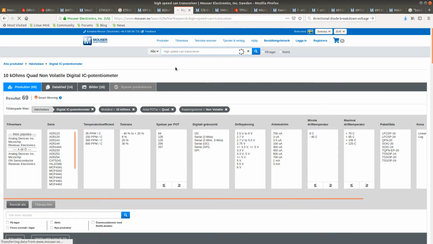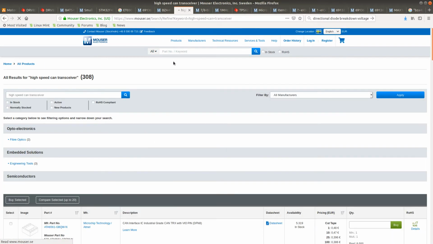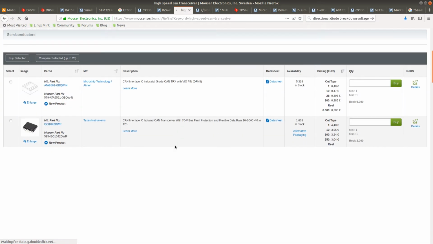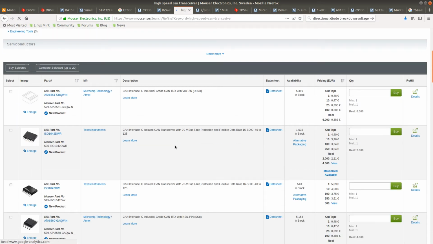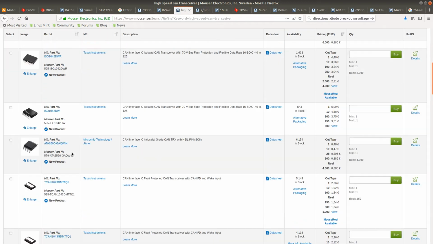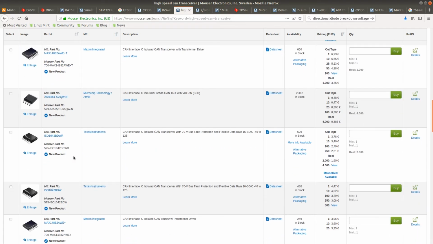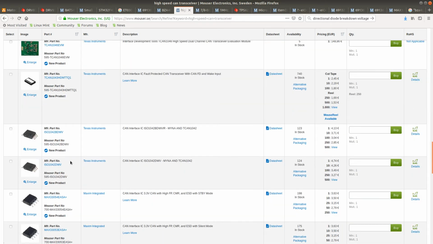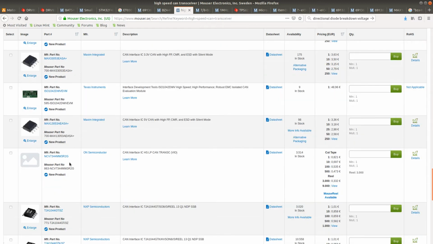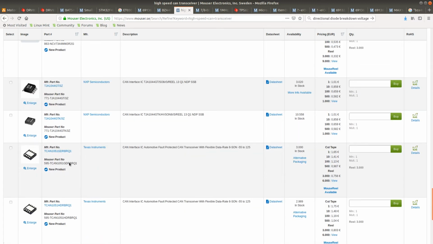I'll just search for high-speed CAN transceiver. CAN interface ATA 6561, TCAN, TJA.